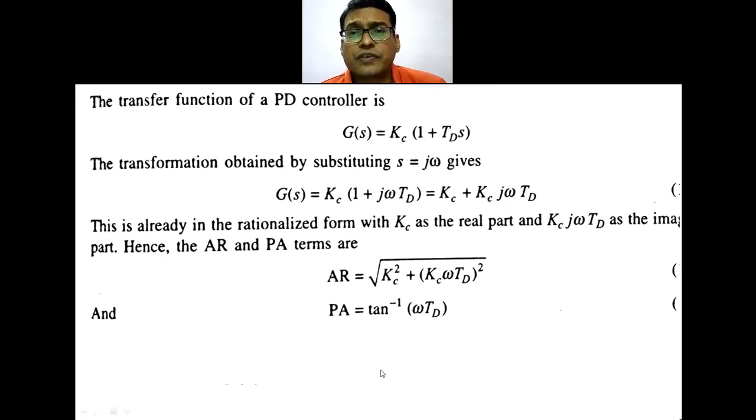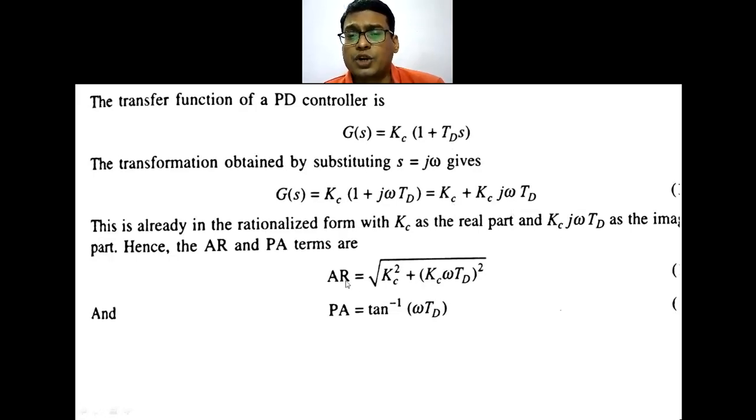The next is our PD controller, in which the transfer function of the PD controller is Gs equal to Kc into bracket 1 plus tau d s. We write it as a complex number and separate the real part and the imaginary part.